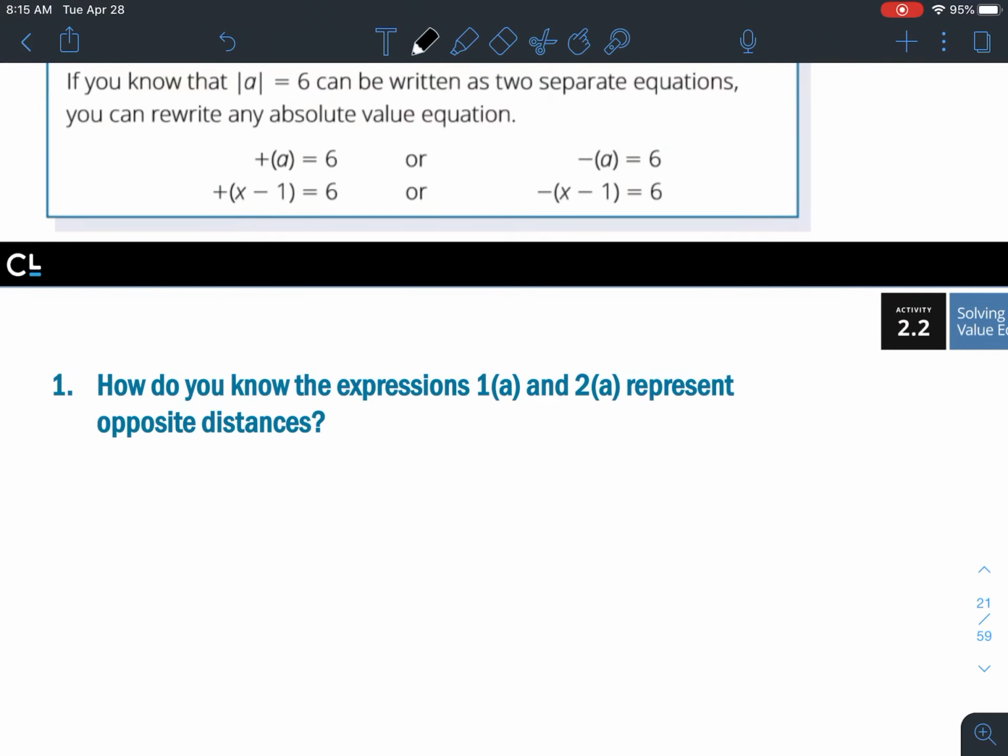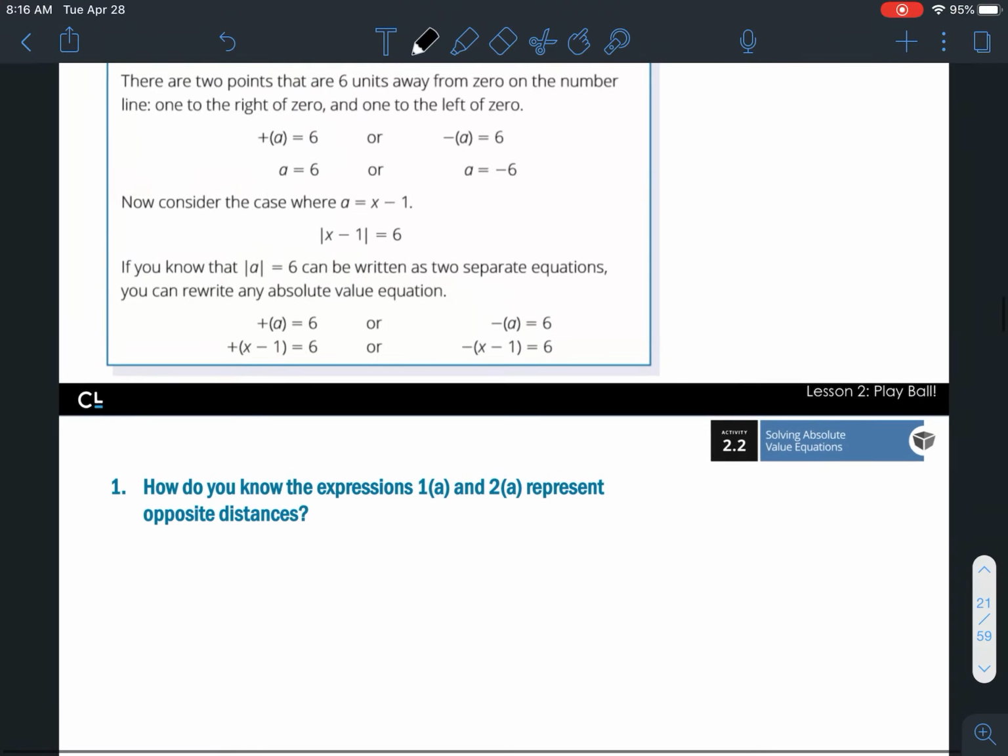How do you know the expressions in 1a and 2a represent opposite distances? So 1a and 2a, we're talking about these up here.